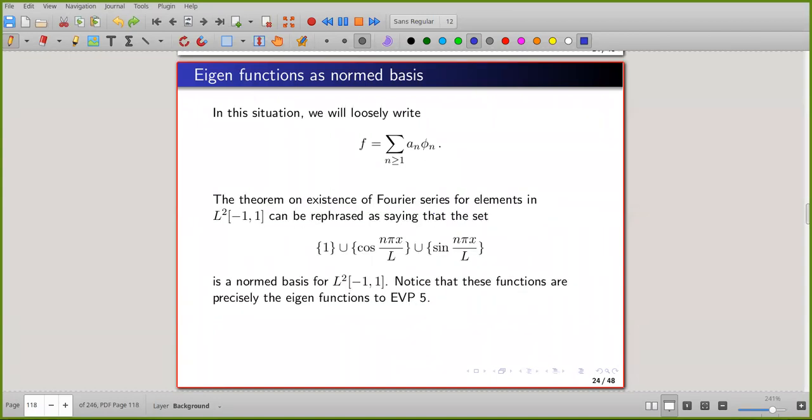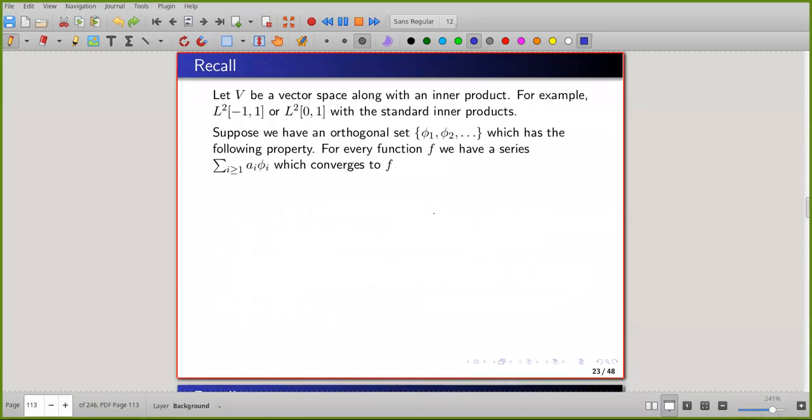So the theorem on existence of Fourier series for elements in L2 minus 1 comma 1 can be rephrased. The theorem that we just saw, let me go back to that theorem.